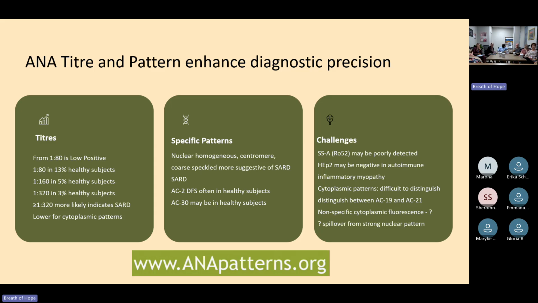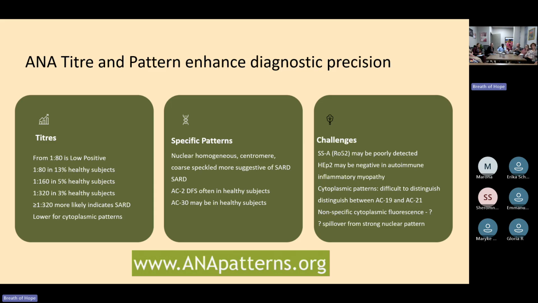Obviously, at lower titers, a greater percentage of healthy subjects can have fluorescence, and as we move up with the titers, it becomes less likely. At a titer of greater than 1 in 320, it's more likely that there is a systemic autoimmune rheumatic disease present. That's more for your nuclear patterns and your mitotic patterns. For your cytoplasmic patterns, sometimes even a lowish titer could mean that there is autoimmune disease.